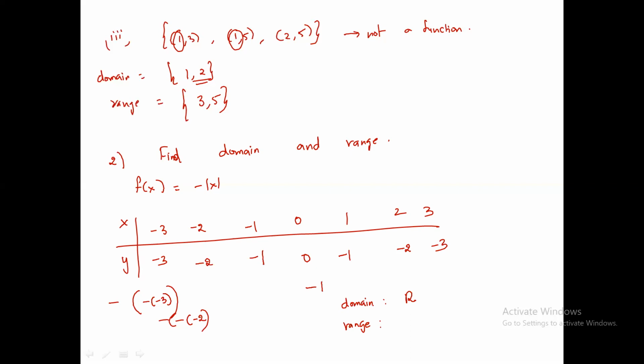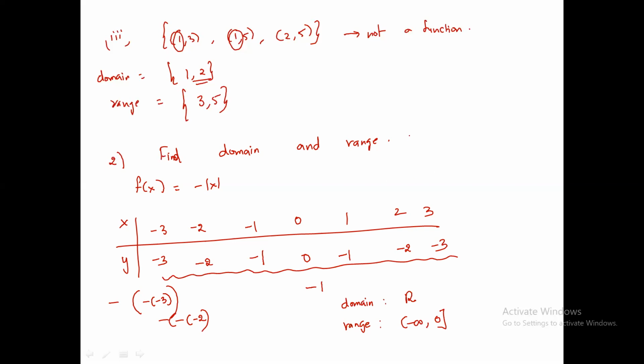You can say real numbers, but be more specific. Range, you will get negative numbers up to infinity and up to 0. There is no positive number in the y's. Isn't it? That's why this is the range.